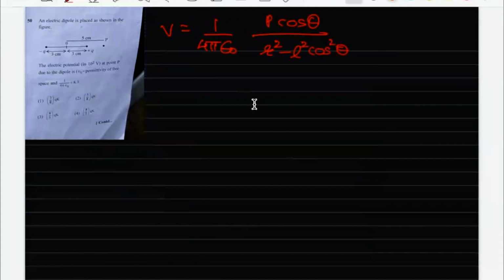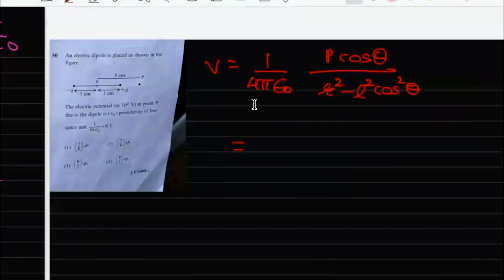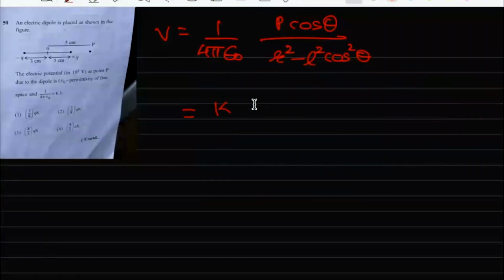Okay. So what is the theta value? Theta is the angle made by the r vector with the axis. So here it's 0. So cos 0 is 1. So I have 1 upon 4 pi epsilon naught, which they want us to take as k. Okay. So let's call that k. p cos 0 is 1.